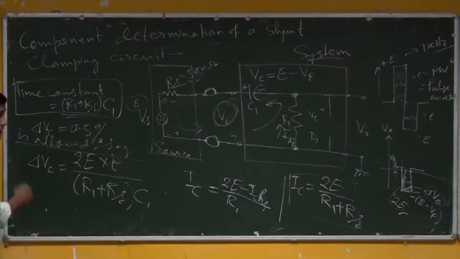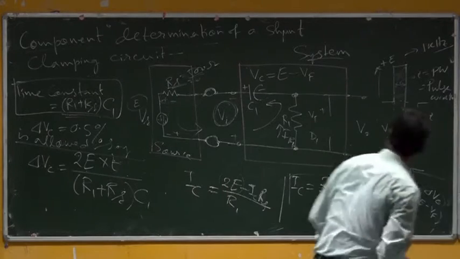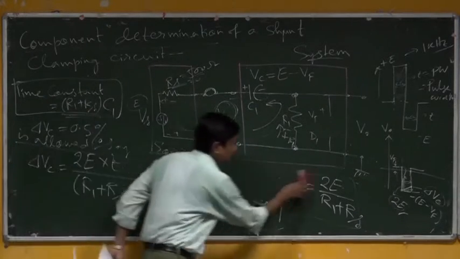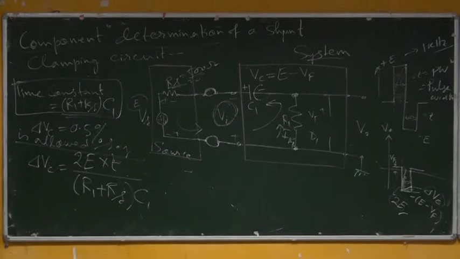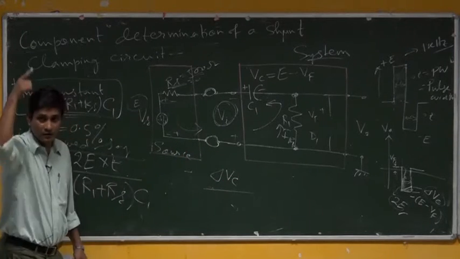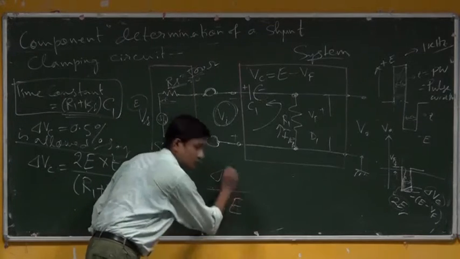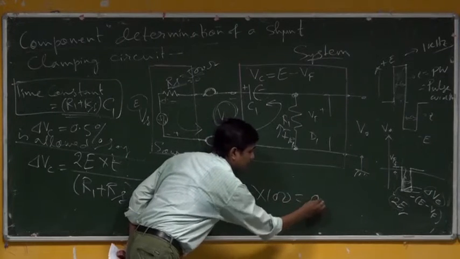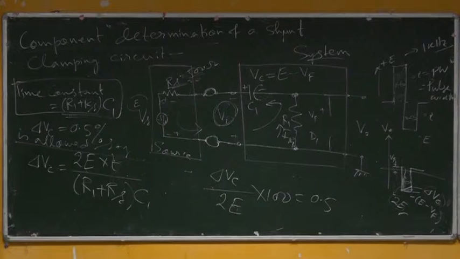How to find that 0.5? I think that 0.5 is nothing but delta Vc by total variation 2E into 100, that is 0.5, is it not?